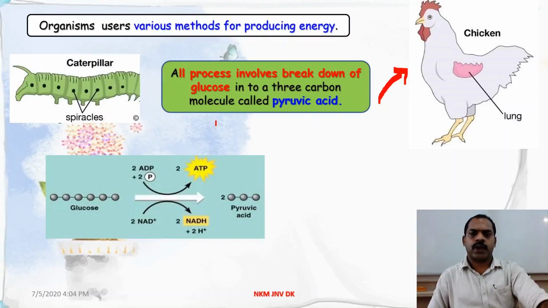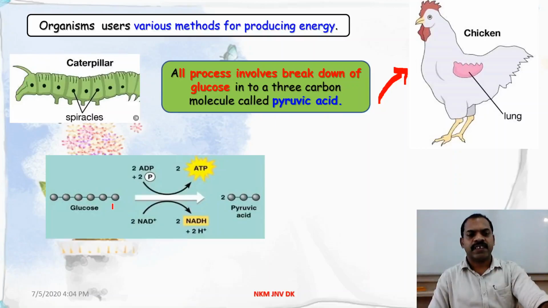Whether it is a higher animal or a plant or a bacteria or a microbe, yeast, aerobic or anaerobic, the first process is the same, where glucose is broken down into pyruvic acid. Glucose has 6 carbons: 1, 2, 3, 4, 5, 6.